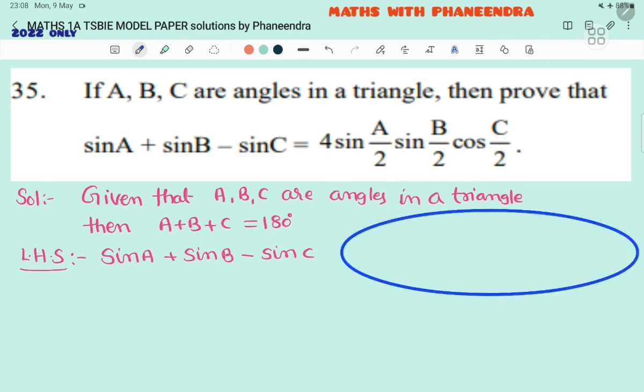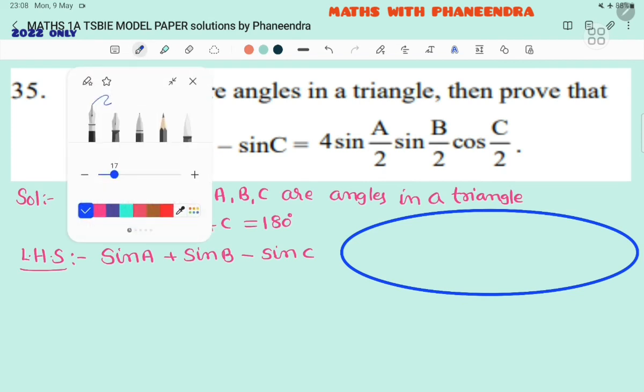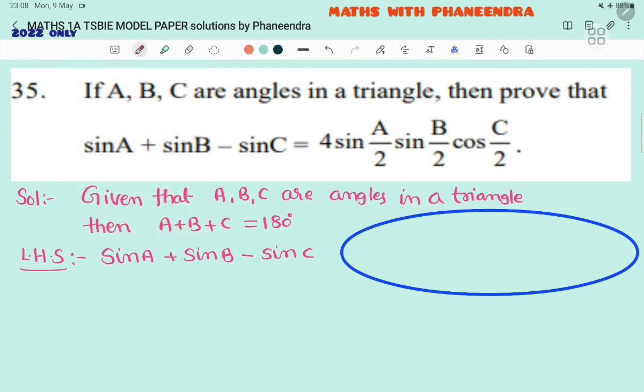So, here I am writing the sin C plus sin D formula: sin C plus sin D is 2 sin of (C plus D) by 2 cos of (C minus D) by 2.